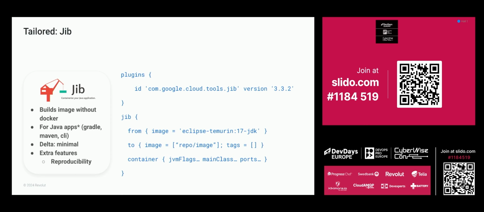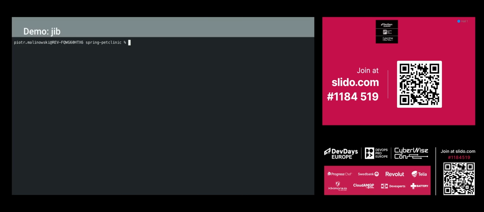You compile the code, and as a final step of compilation, you assemble the code into the Docker image instead of assembling it into a jar file. Because after all, a Docker image is a set of archives, right? So it's a bit different approach, which is fast and ends up with the target Docker image.